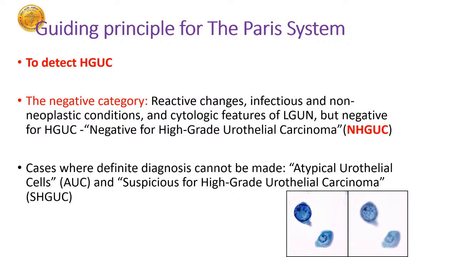So we say these are negative. That is the second category. We will not use atypical as a waste basket diagnosis because we definitely have criteria. These are those cases where a definitive diagnosis cannot be made, and sitting on the fence is not the goal of this. So we say atypical urothelial cells.